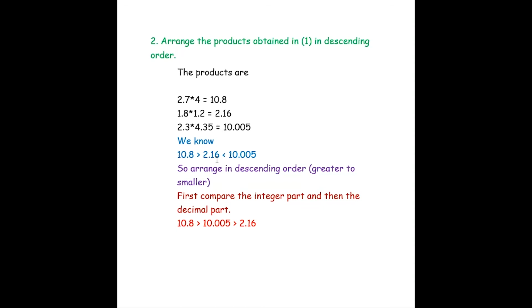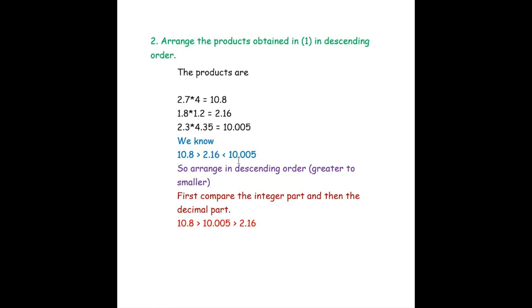Now compare 2.16 and 10.005. So 2.16 is less than 10.005. Now we have to arrange in descending order, that is greater to smallest. Which number is greatest, 10.8 or 10.005?